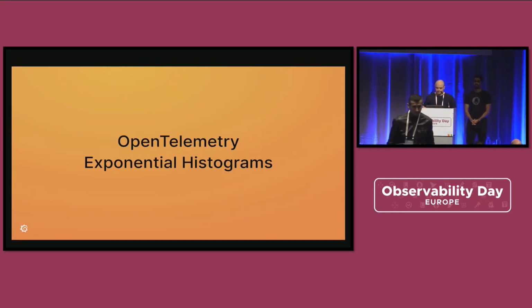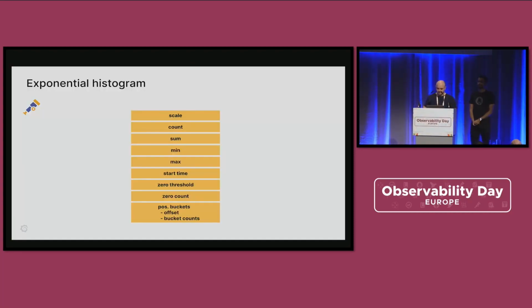So let's talk about how those concepts are represented in OpenTelemetry exponential histograms. Here is a simplified overview of an exponential histogram data point with some fields omitted for the sake of simplicity. Let's briefly discuss each field. Let's start with scale. Ganesh already mentioned that there is a parameter called scale that determines the resolution of exponential histograms, and he also mentioned bucket boundaries.